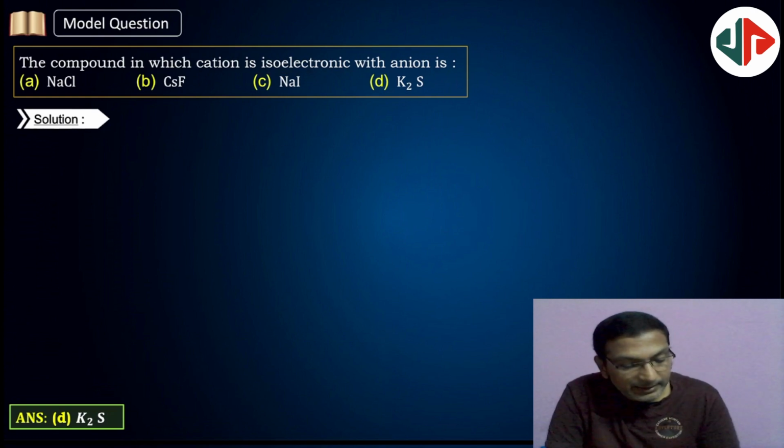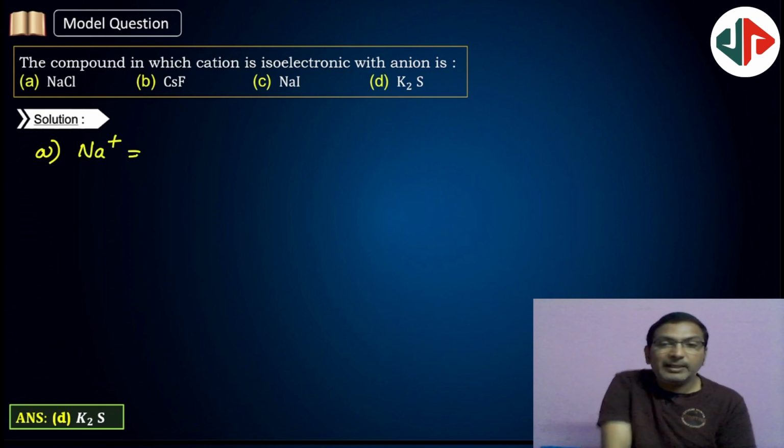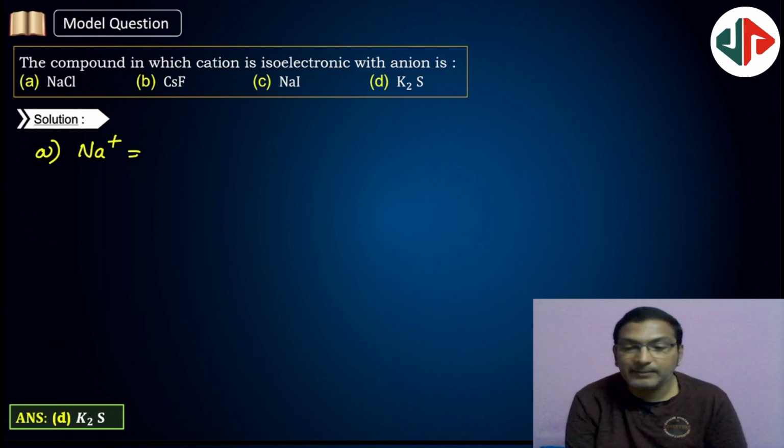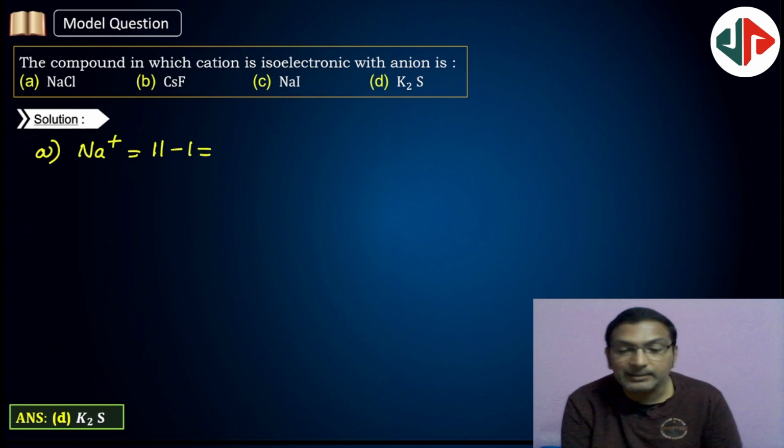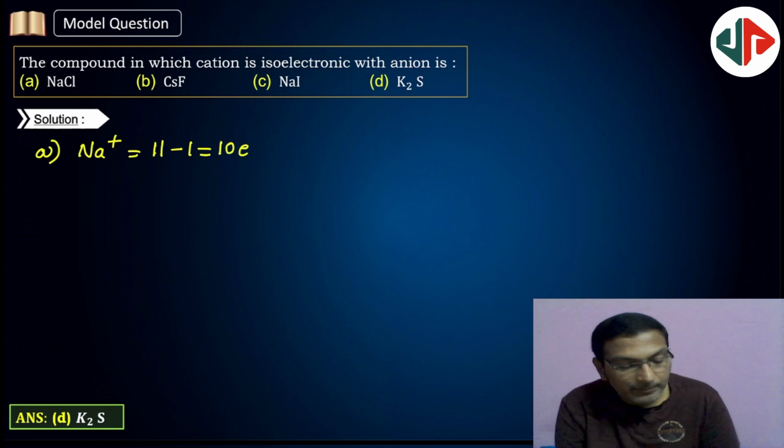First I am taking option A. What are the ions? Na plus. So how many electrons are there in Na plus? Na means atomic number 11. Here plus 1 means remove 1 electron. Therefore 10 electrons. Next anion is Cl minus.